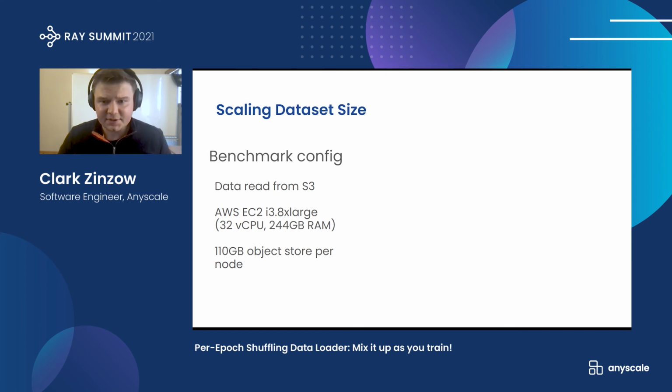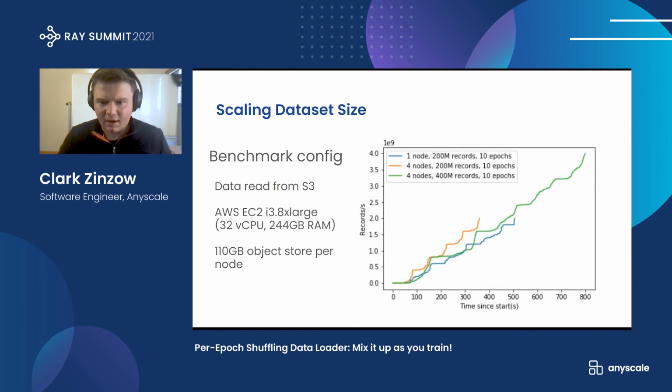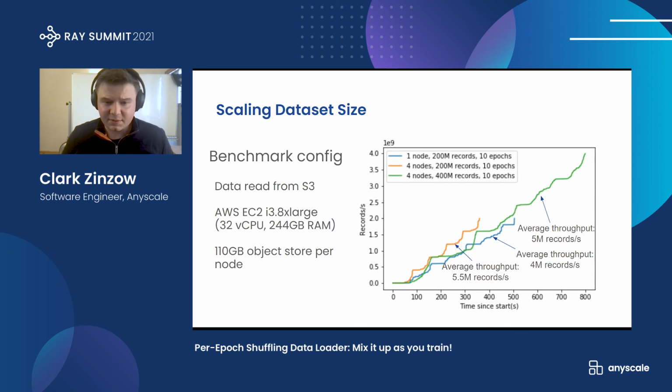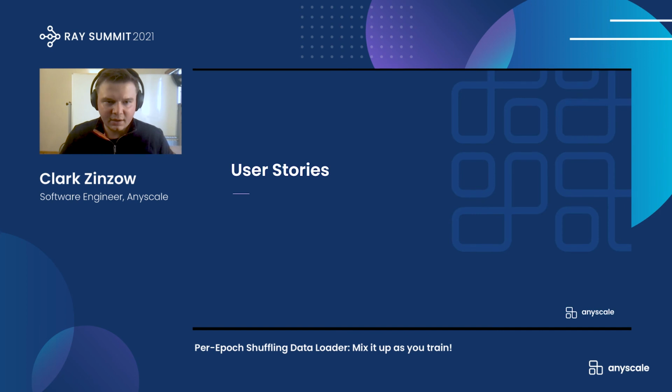And then as far as scaling the dataset size, those last two data points there are with 200 million records, this one is with 400 million records, and we see that we still stay around that 5 million records per second throughput. And we also have some recent optimizations that will probably greatly improve this baseline throughput. This was a rather naive implementation from earlier.